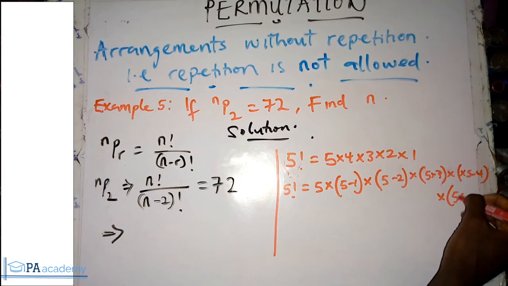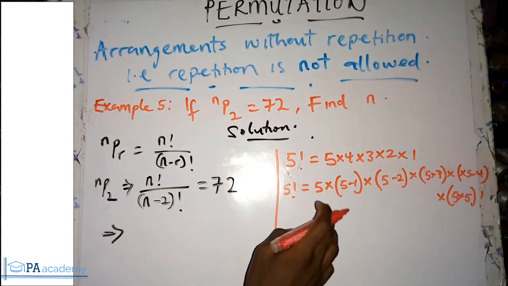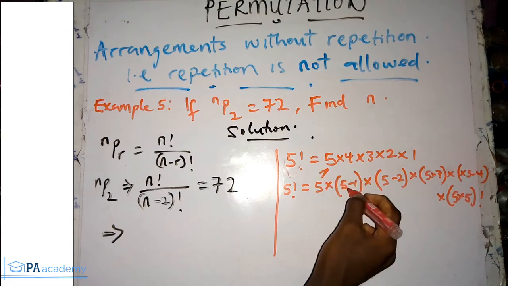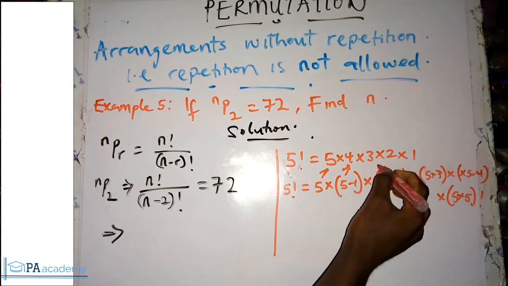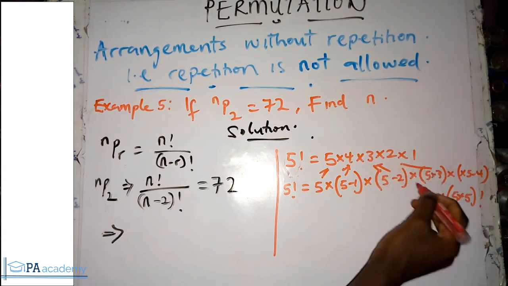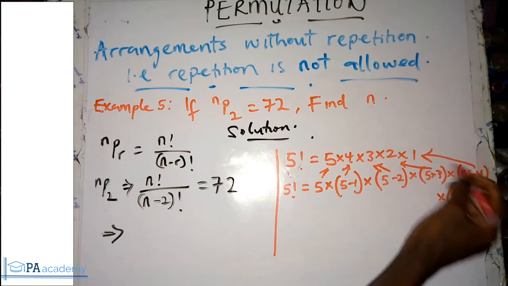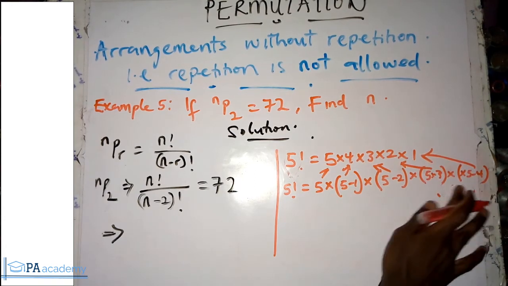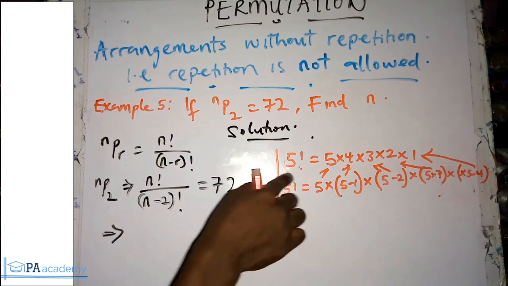So 5 is 5, 5 minus 1 is 4, 5 minus 2 is 3, 5 minus 3 is 2, and 5 minus 4 is 1. That's where it stops. So that is the meaning of 5 factorial.